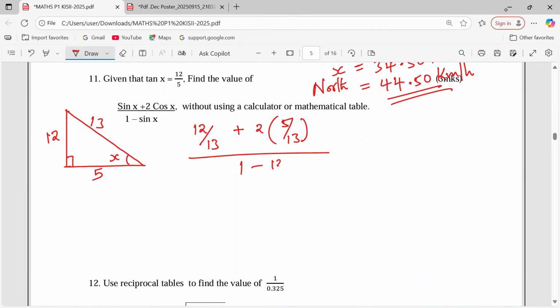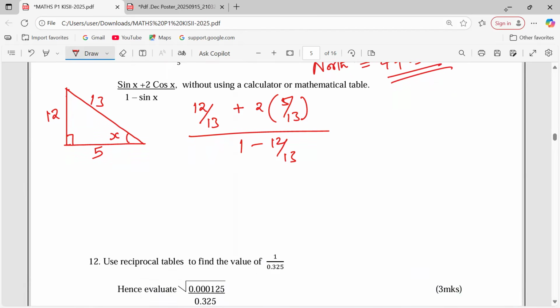You know, sine of x is already 12 over 13. So a mark goes to that right substitution. 12 over 13 plus 10 over 13, then out of 1 minus 12 over 13. This gives us 1 over 13.